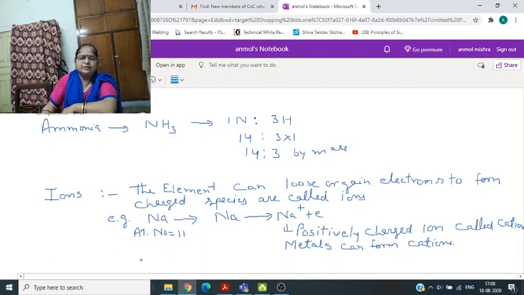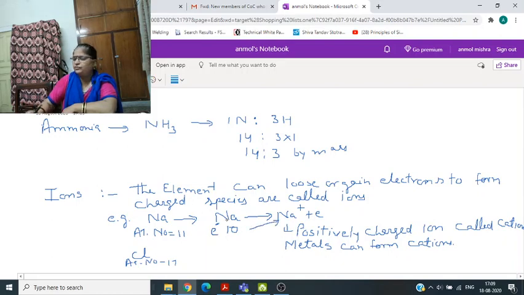Second example you can take chlorine. Its atomic number is 17. When sodium loses one electron, its number of electrons will become 10 for Na plus.